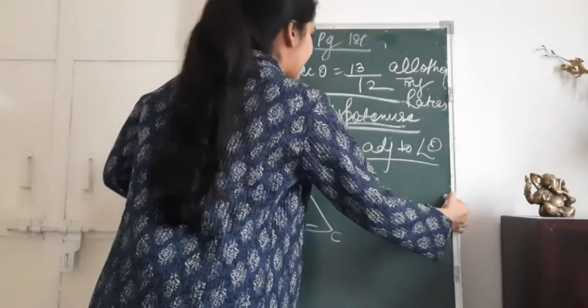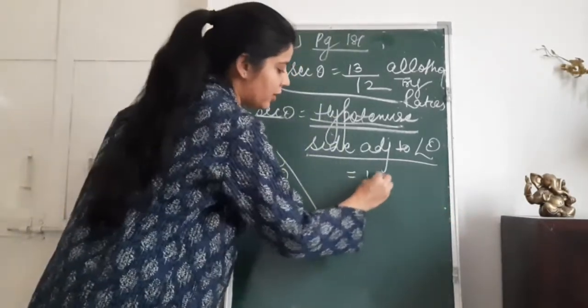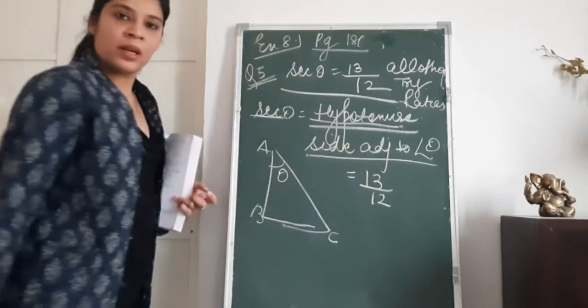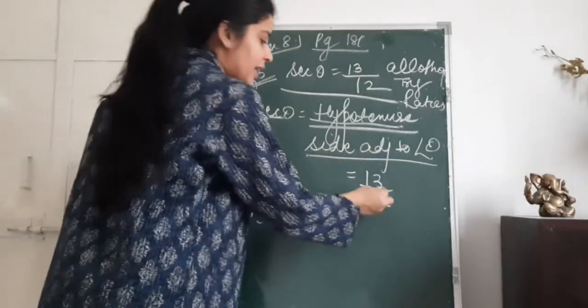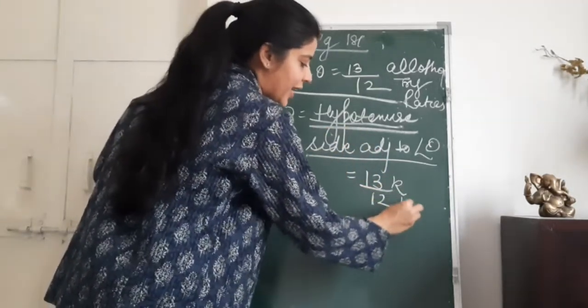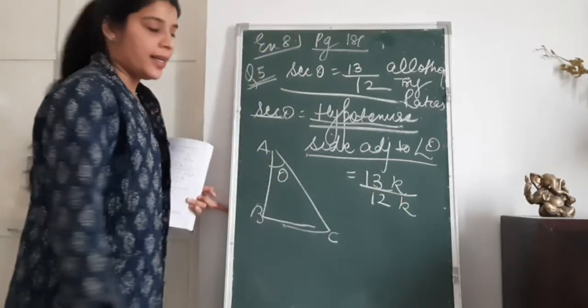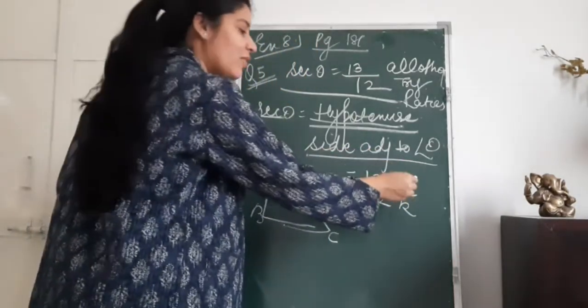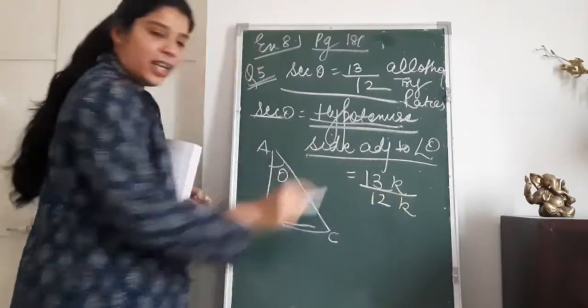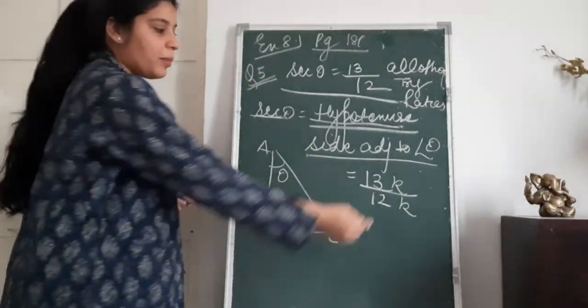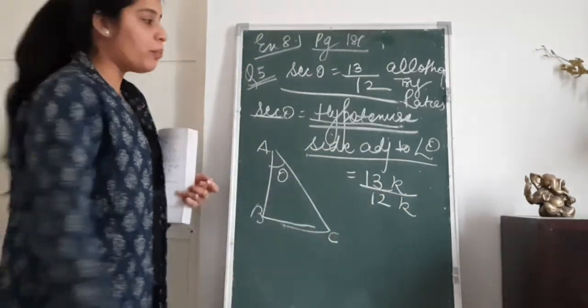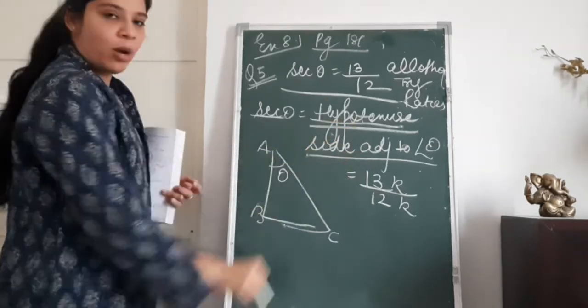Sec theta is equal to 13 upon 12. Let there be a common number k which is cancelled from both numerator and denominator.